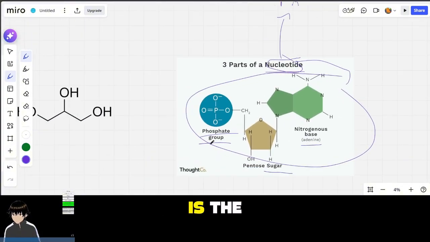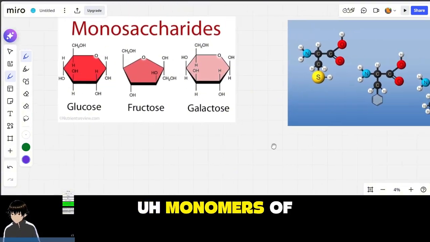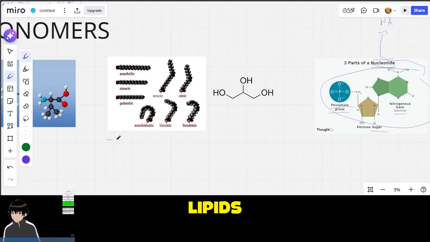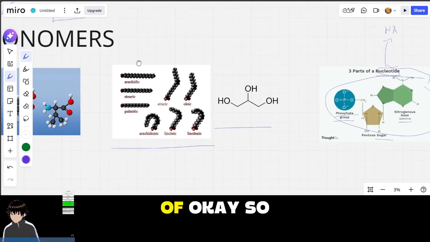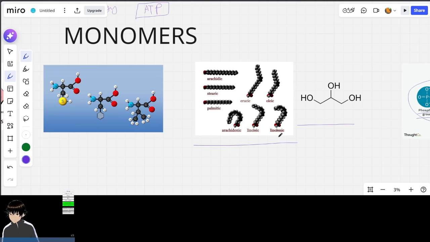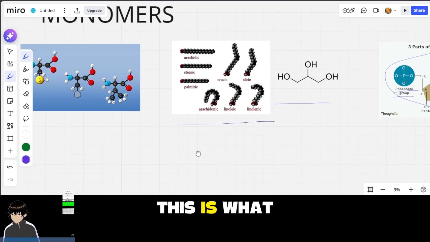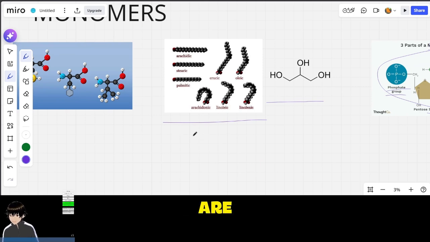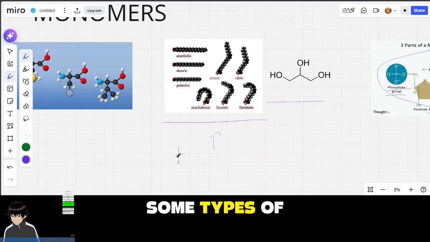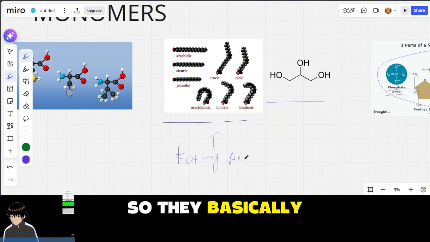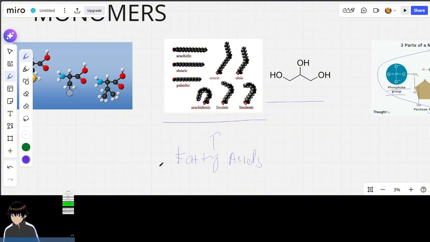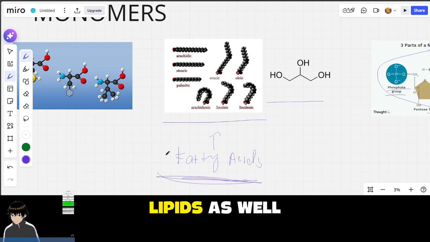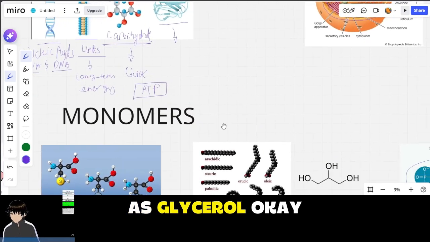Okay, so this is the monomers of lipids, or what they're basically made out of. This is what we call the fatty acids. These are types of fatty acids, and they basically make up lipids, as well as glycerol.